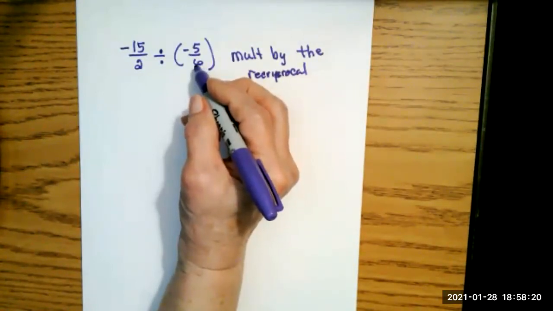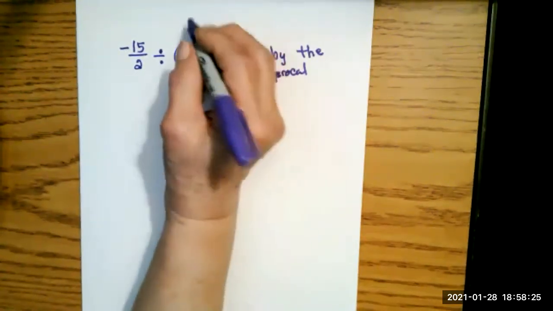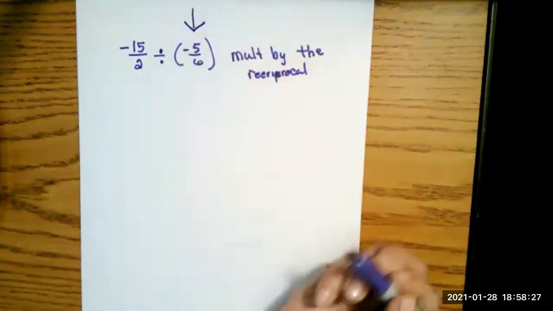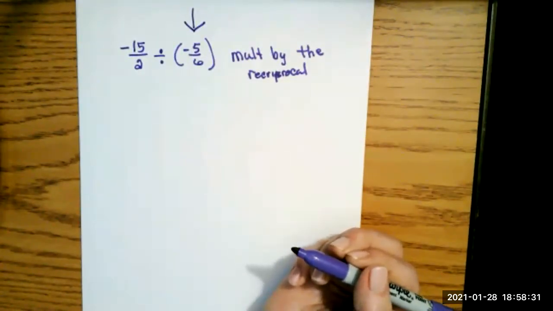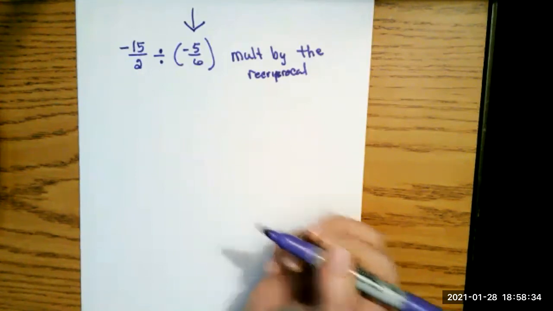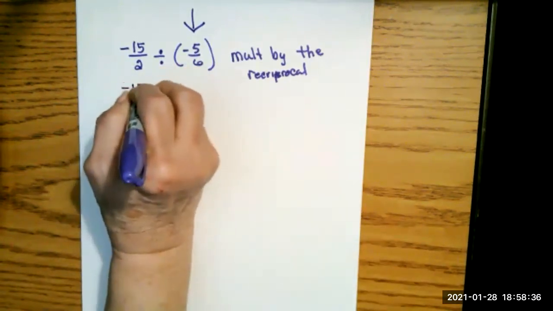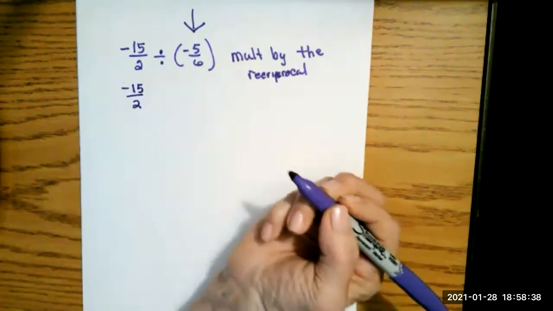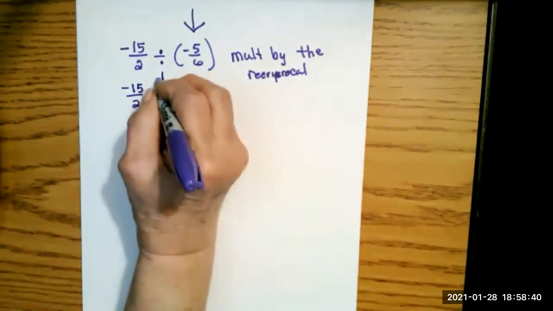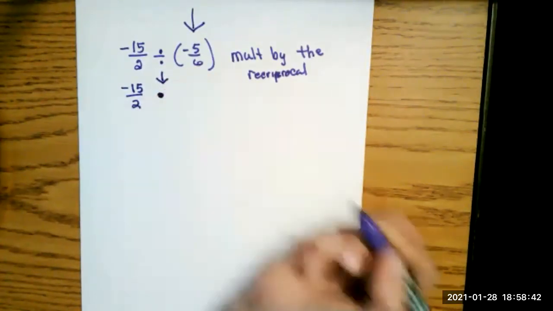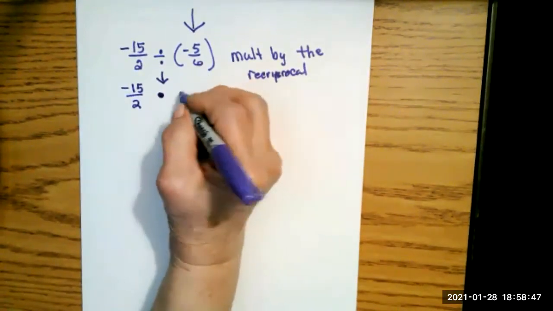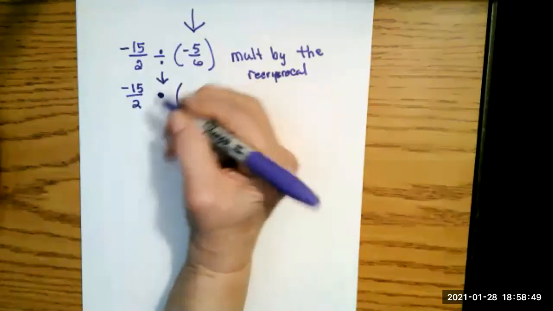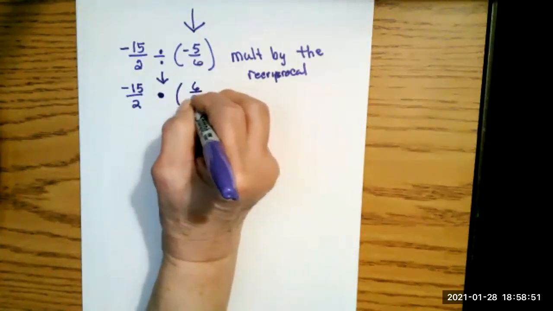Well, I guess the inverse. It's the inverse. That's a great word to use, inverse. So what you do is always it's the second number. It's never the first number. It's always the second number. That's the one you turn upside down. So the first number stays the same, negative 15/2. The divided changes to a times, and I'm going to use a dot for times because we use x's so much in this course. And the second number will turn upside down. That's called the reciprocal.